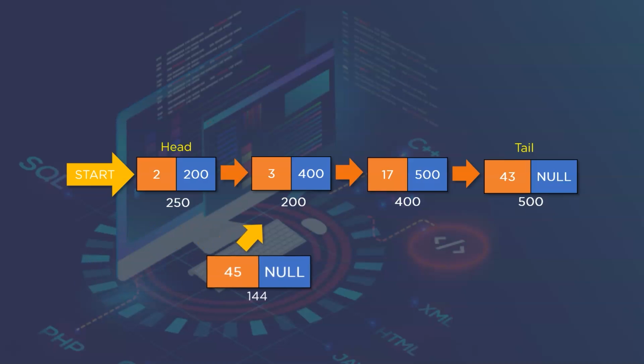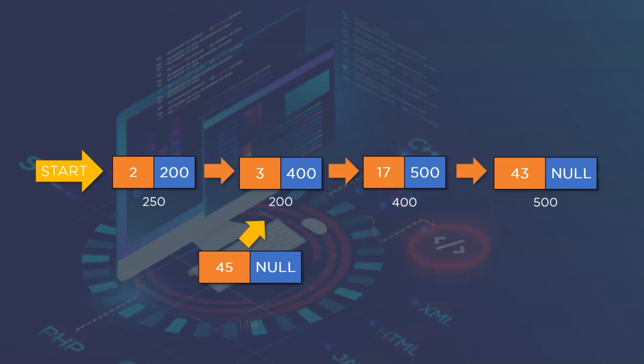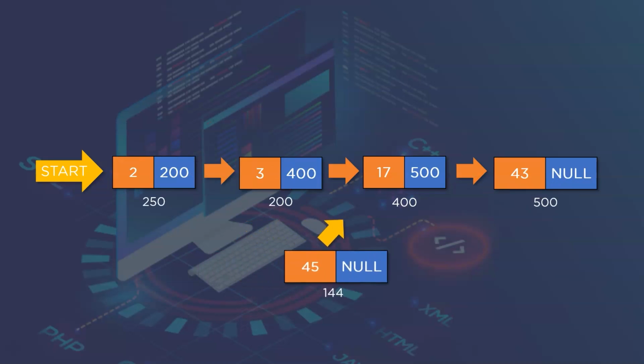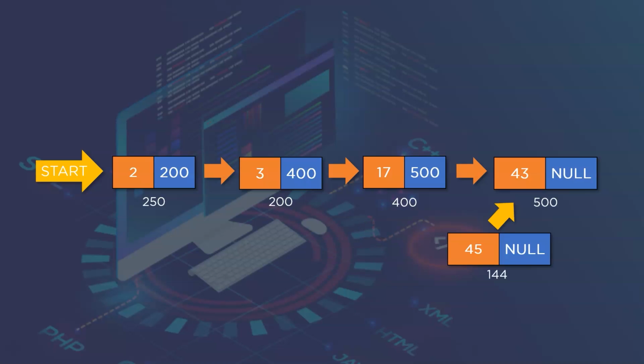Now, 45 will be compared with element 3, and again the temporary pointer will be moved to the next node for comparison. After two comparisons, the temporary pointer has reached element 17 for performing the next comparison. And here also 45 is larger than 17, so the temporary pointer will again move towards the next node.